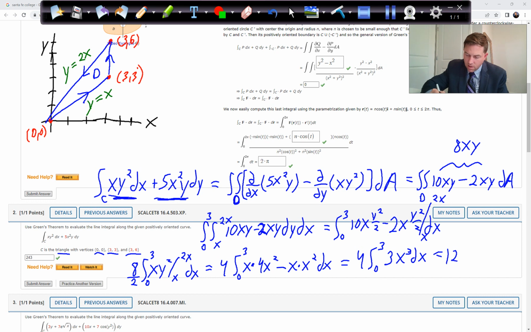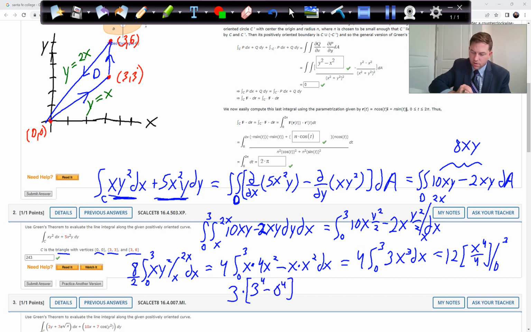This is going to be 12. The antiderivative of x cubed is x to the 4th over 4, from 0 to 3. 12 divided by 4 is 3, times 3 to the 4th minus 0 to the 4th, upper limit minus lower limit. And so we get 3 to the 5th basically, which is 243.